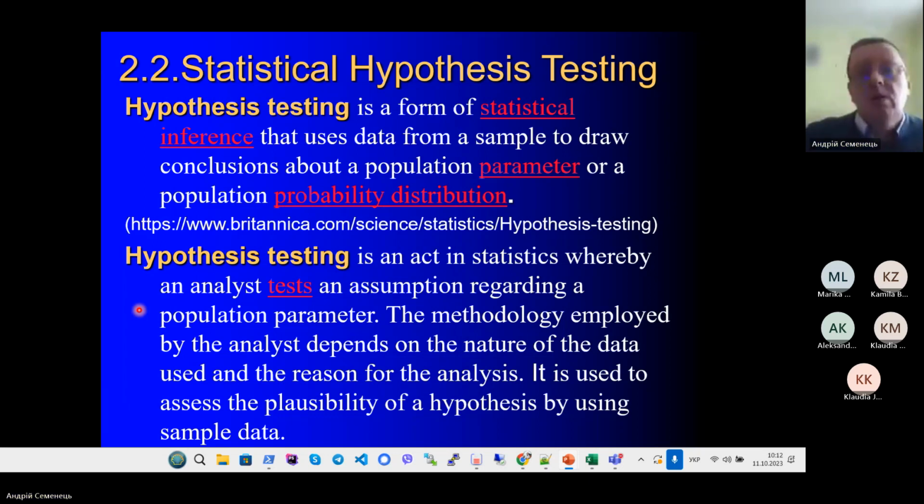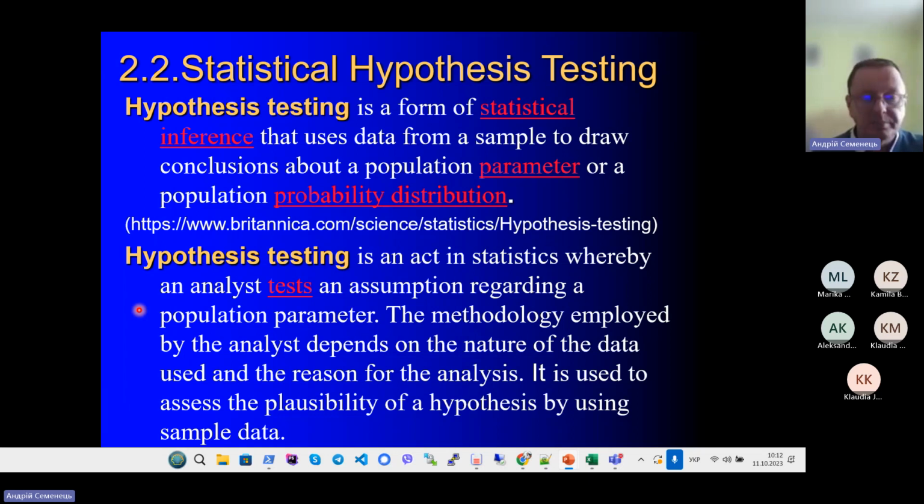When we conduct a scientific experiment, we have an idea about what we are going to expect, and this idea will be our hypothesis for testing. As a result of data processing for statistical hypothesis testing, we should get confirmation that we are right, or it might happen that we are wrong.